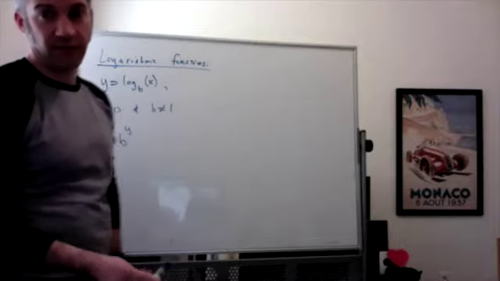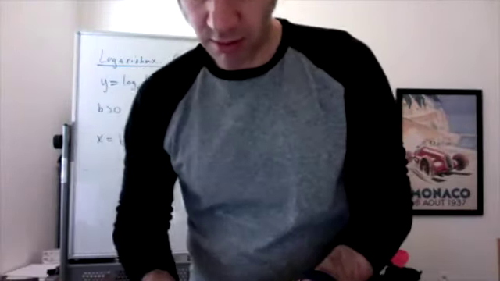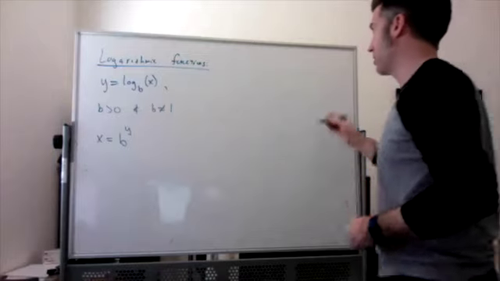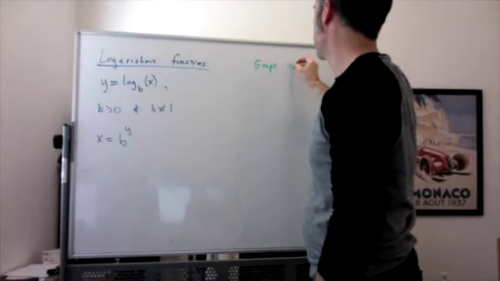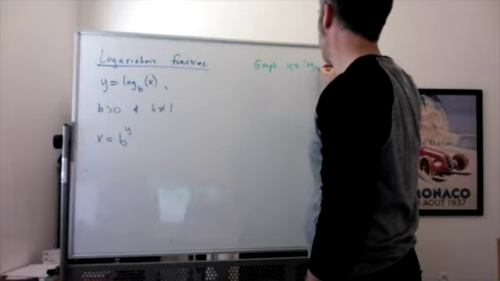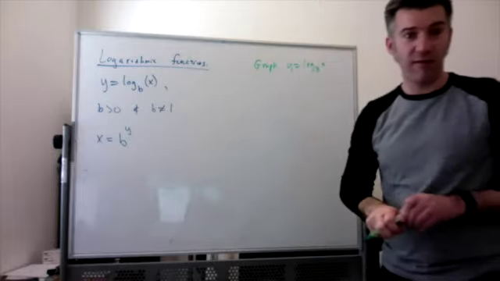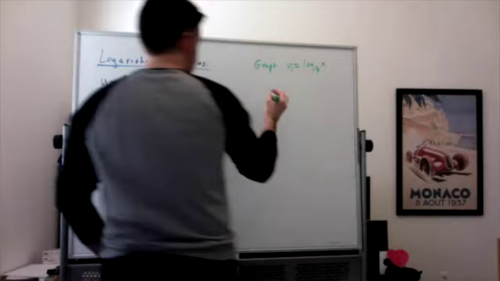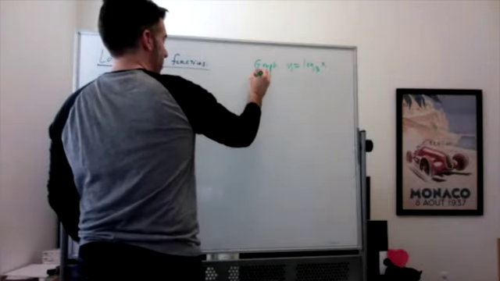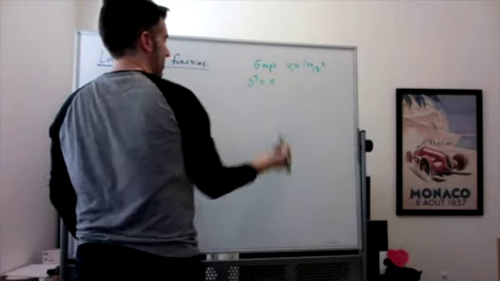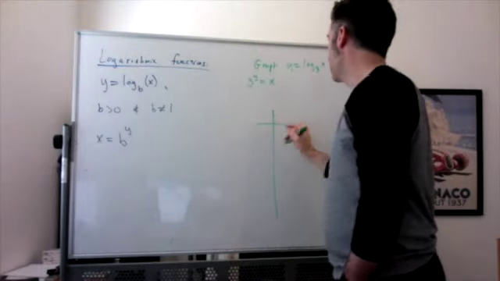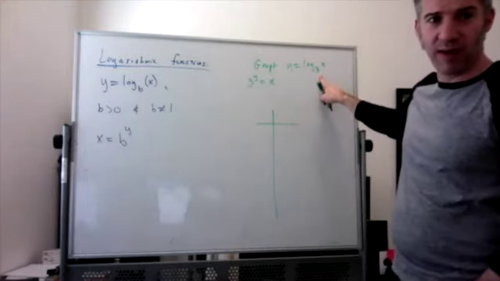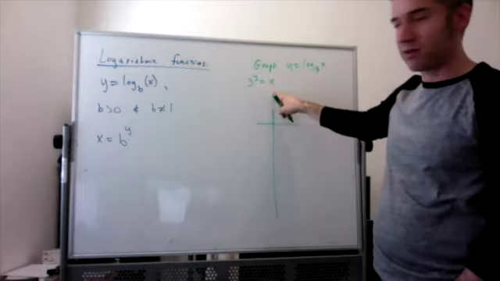So if I want to graph, say, log base 3 of x, I'll remind everybody that's really the same as graphing 3 to the y equal to x. So if I want to find my x and y values, normally I would pick x and find y, but I could also just pick y and find x.